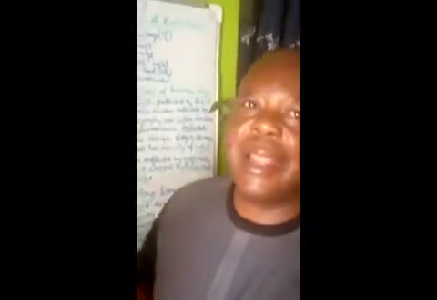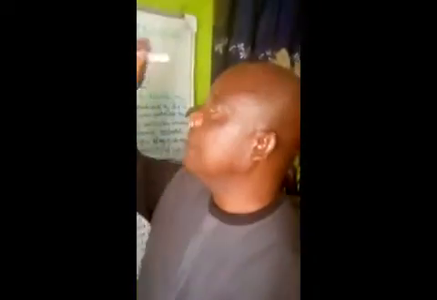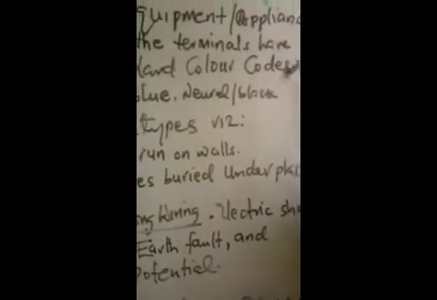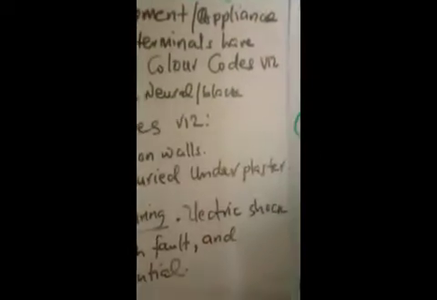Any average electrical equipment or appliance has three standard color codes, namely red, yellow, blue, plus neutral, which the majority of the time is black in color.